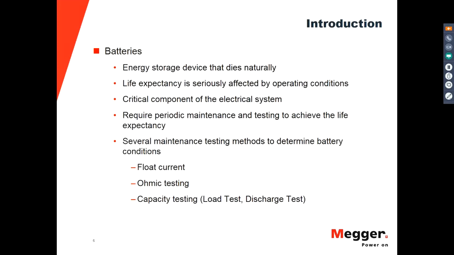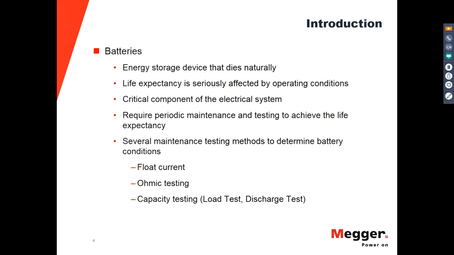So to start, the batteries, well, they are a critical component of the electrical system, but they are a device that dies naturally. The life expectancy is determined by the manufacturing process and the type of battery that you get.